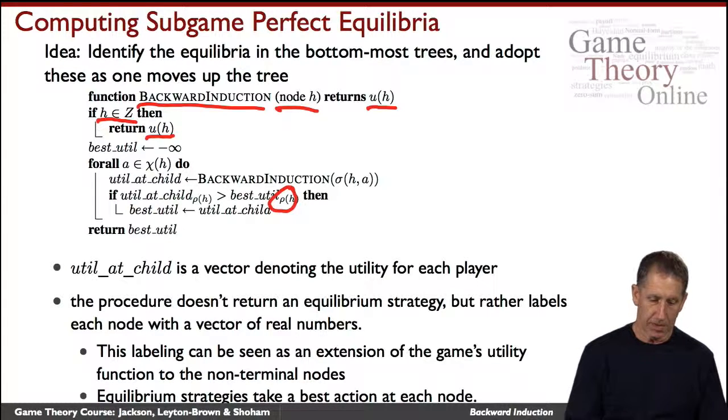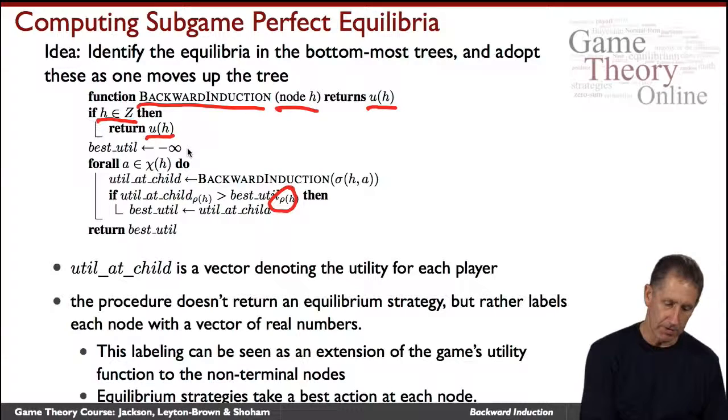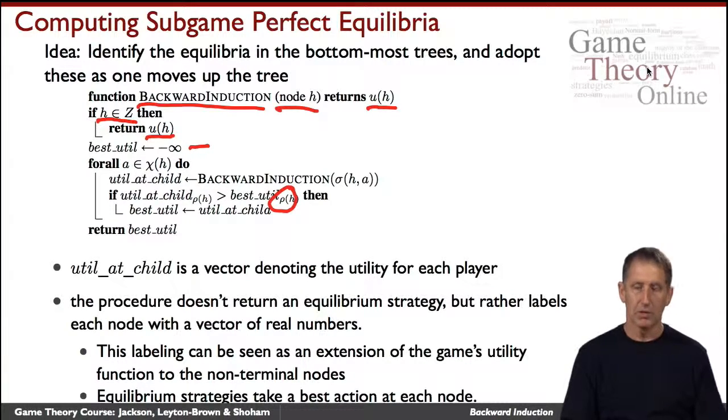We will keep a variable called best_util, and best_util will be a vector of payoffs associated with the agents, one for each agent, and we will be updating that vector as we go along.